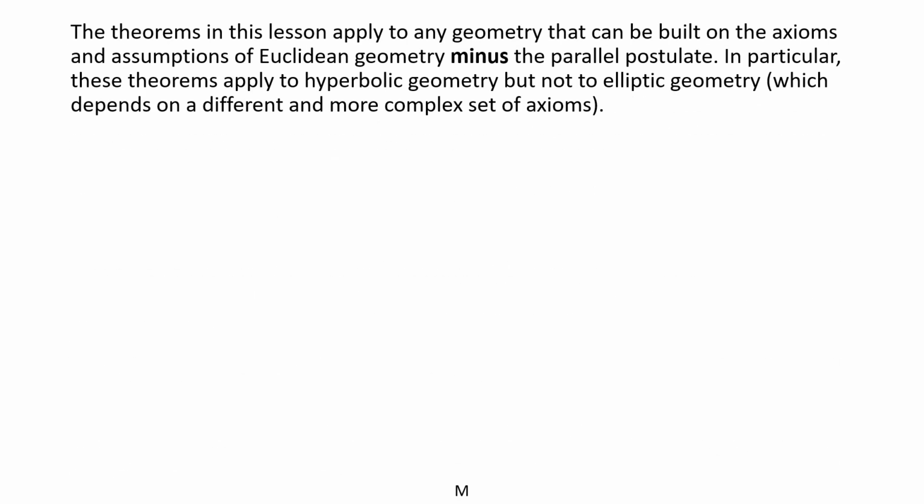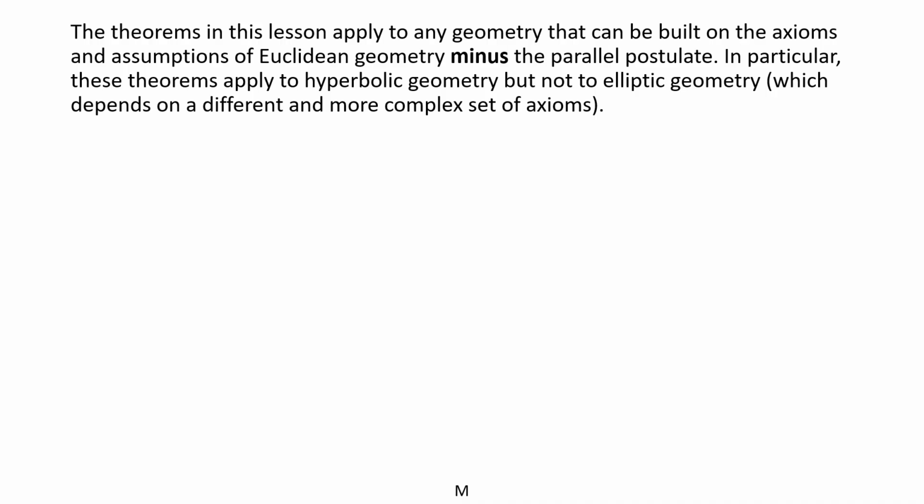So let me repeat one more time just for emphasis here. The theorems in this lesson are derived from the first four postulates of Euclid, minus the parallel postulate. We don't use that here. And then whatever propositions can be derived from those first four postulates, which are the first 28 propositions in Euclid's Book 1, we make use of those and we derive theorems from them.